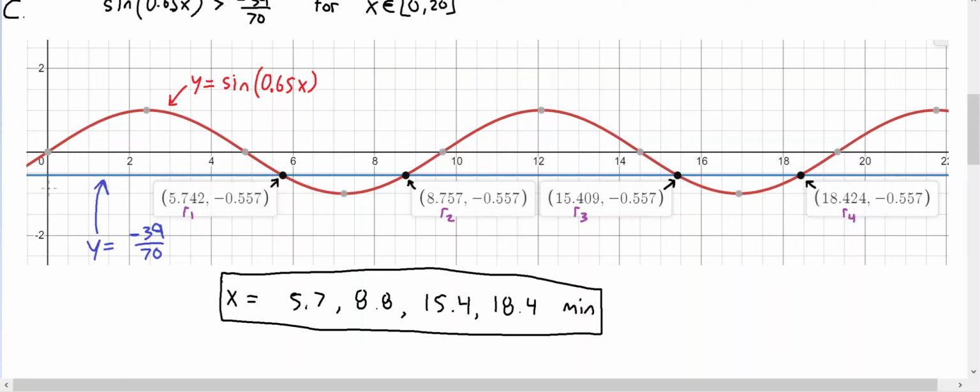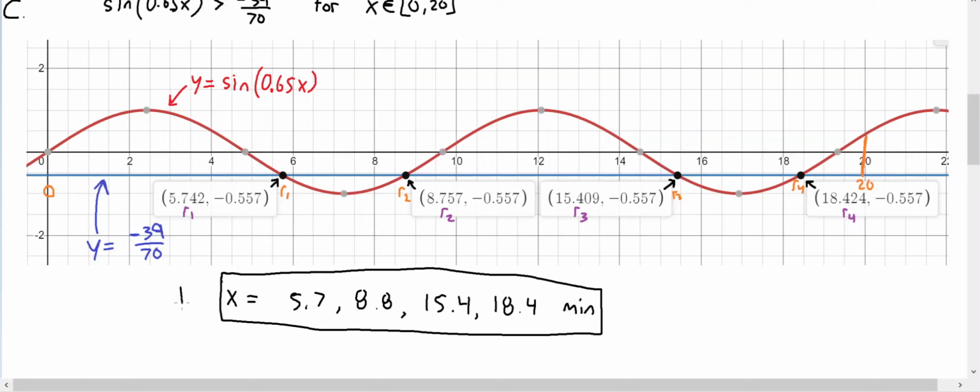The points of interest here would be 0 to R1. It's not higher in between R1 and R2, but it is higher than the constant line from R2 to R3. And it's not greater between R3 and R4, but it is between R4 and the endpoint of this interval, which is 20.